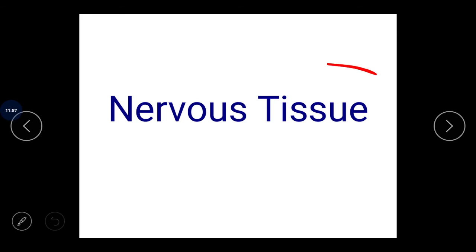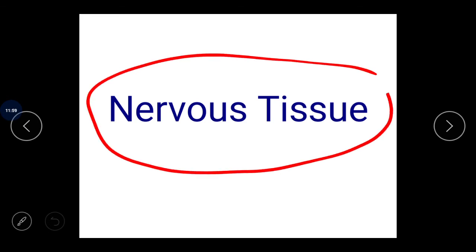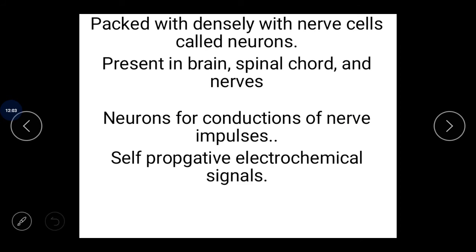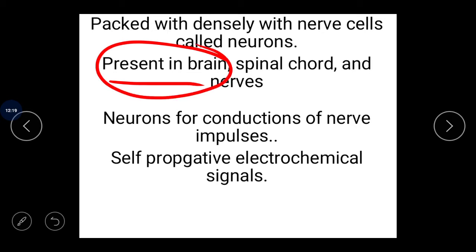And we have to discuss the nervous tissue. As you know, this nervous tissue is packed densely with nerve cells called neurons. Nervous tissue is present in the brain, in the spinal cord, and in the nerves.